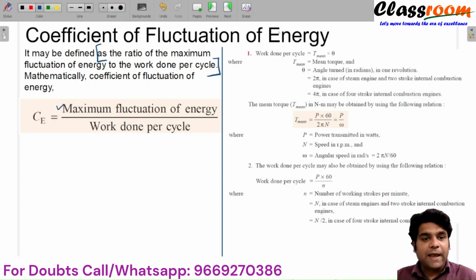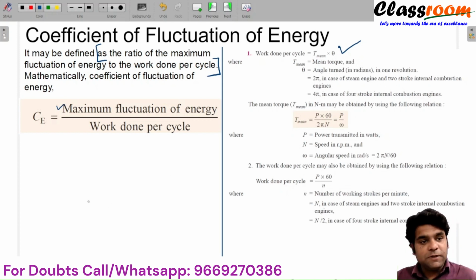Work done during the cycle is given by T mean into theta. T mean is the mean torque available and theta is the angle turned in one complete revolution, which is given by 2 pi in case of steam engine and 2-stroke internal combustion engines, and 4 pi in case of 4-stroke engine.